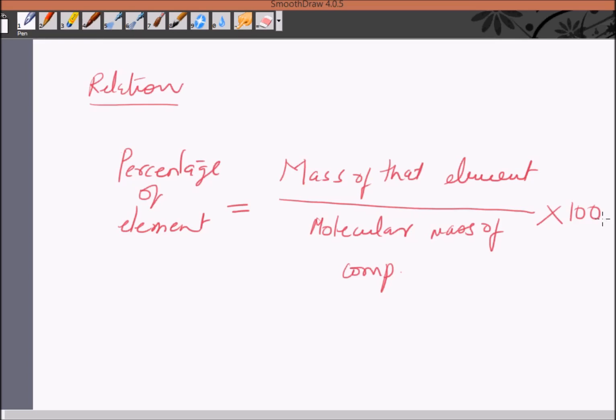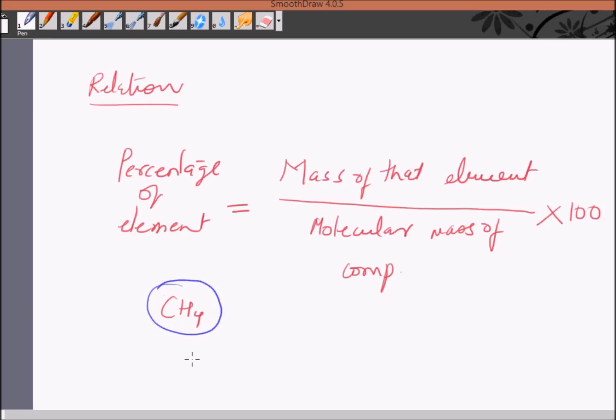So let us calculate the percentage composition of a compound called methane. As we have just derived the molecular formula of methane, which is CH4, let's calculate for this compound.